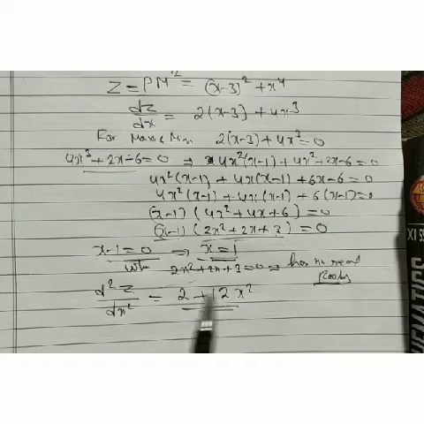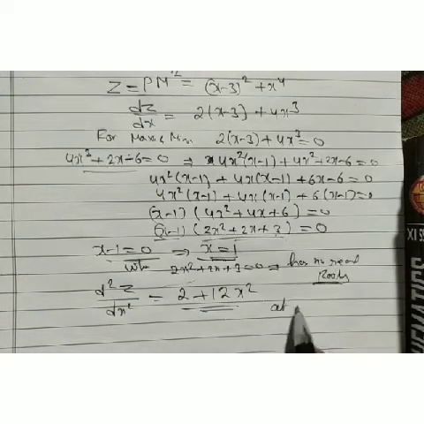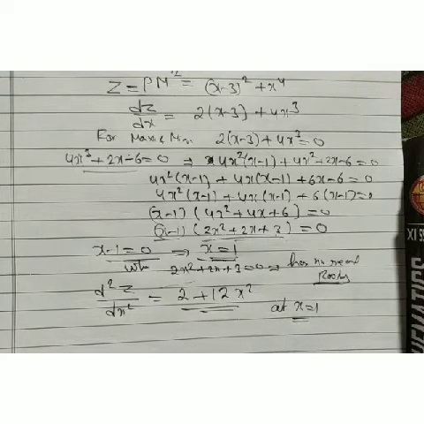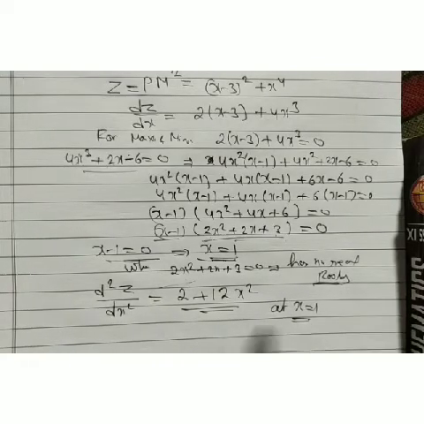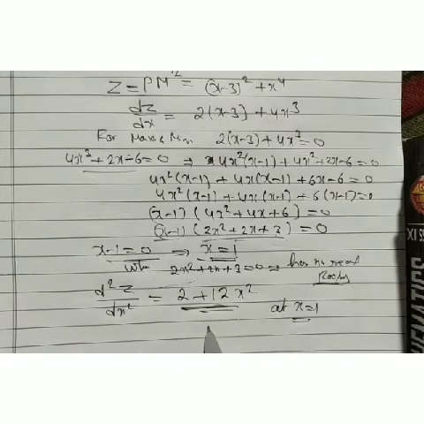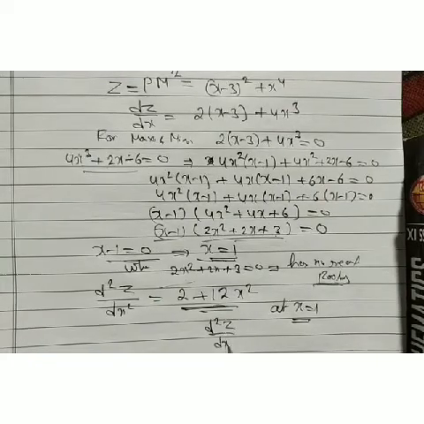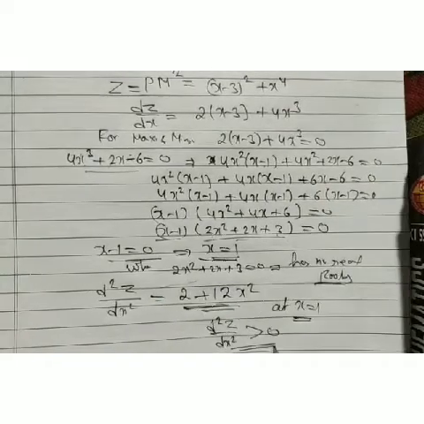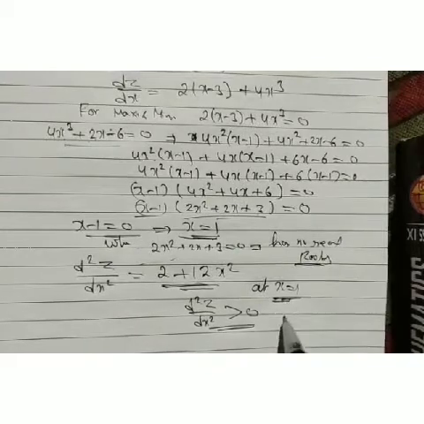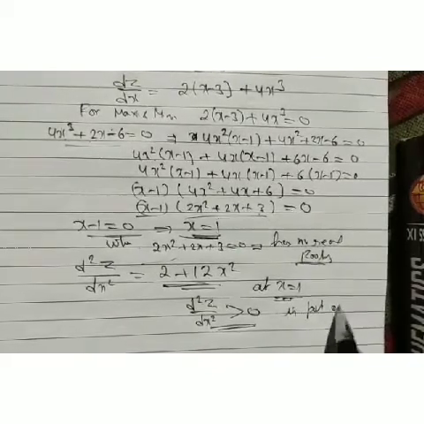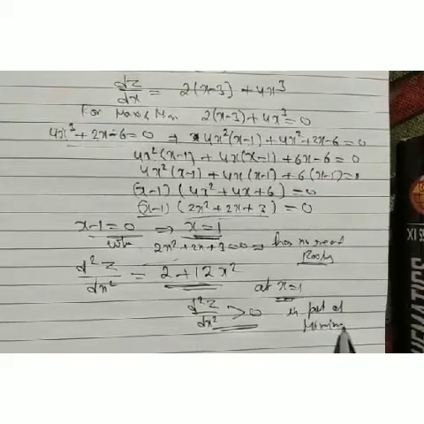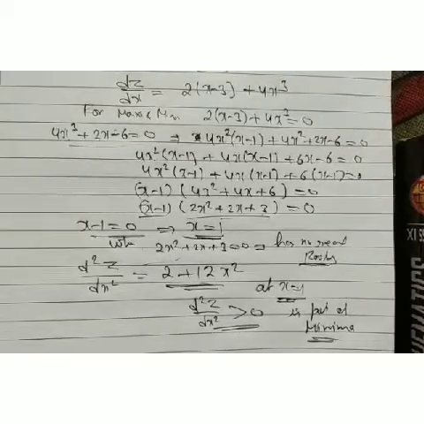Now look, at x equal to 1, obviously this is positive. At x equal to 1, d2z/dx square has a positive value, so x equal to 1 is a point of minima.